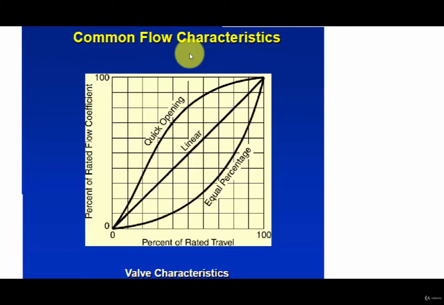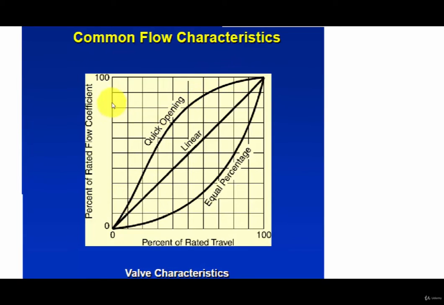So different types of flow characteristics are there. These are theoretical. Actual flow characteristics, based on the actual selection of the valve, are slightly different from these characteristics. Those are called installed characteristics or actual valve characteristics.